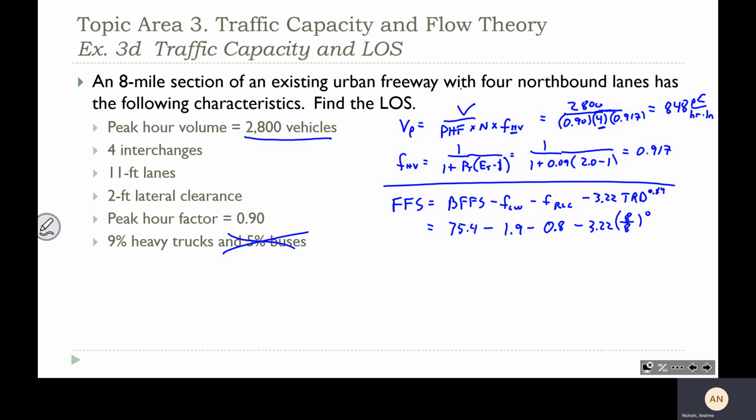So that kind of cancels out. That's what we started with.